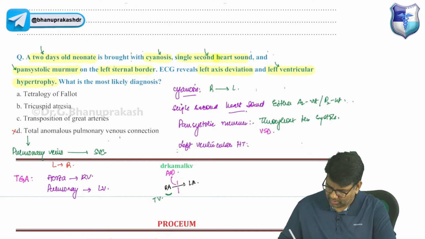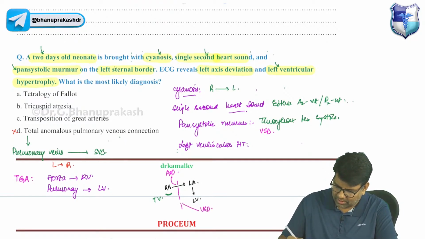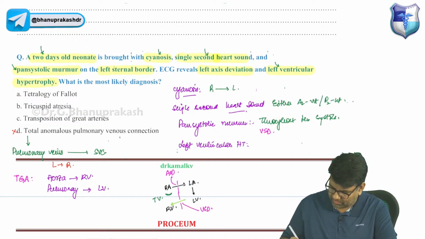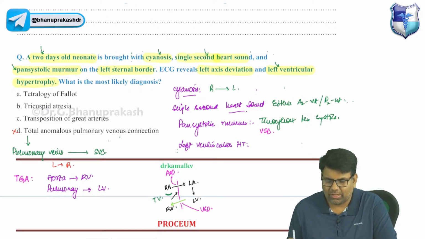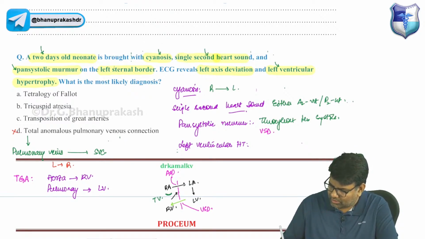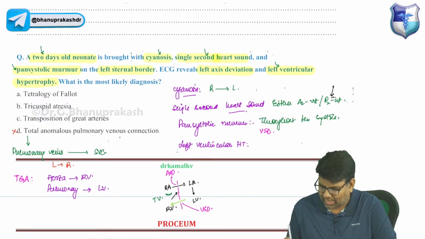And then through the left atrium to left ventricle, and lower down we have a VSD as well, and through the VSD the blood will come into right ventricle, and then through the pulmonary valve it will go. But sometimes there is obliteration of pulmonary valve also, and that is leading to affection of the second heart sound.